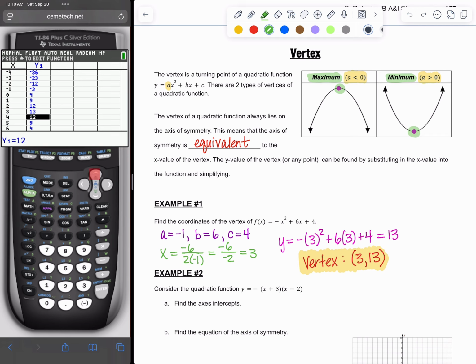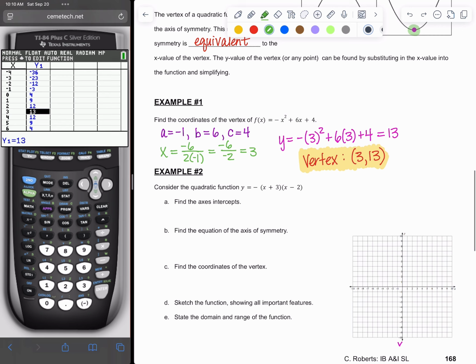So you see how they start repeating? You have 13 dead in the center, because that 13 is in the middle of being 12 on the left and 12 on the right. So I know that that 13 has to be the high point. That's also how I can tell what my vertex is.